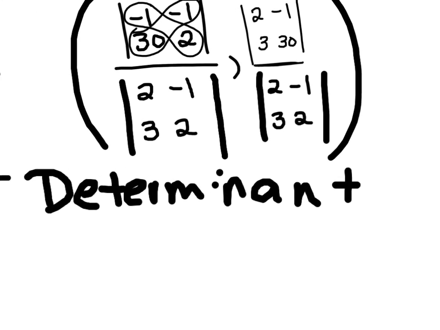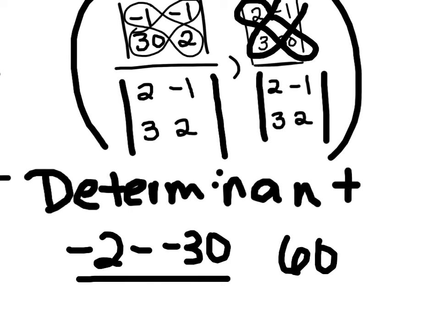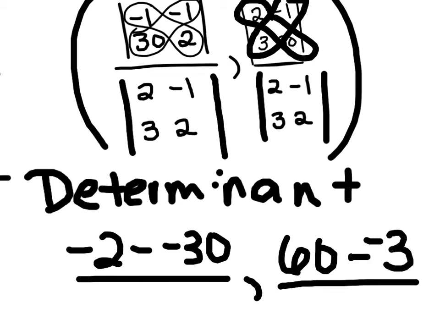So when I go diagonal, I get -2, and then I minus 30. Then on the next one, I've got 2 times 30 is 60. And then going diagonal this way, 3 times -1 is -3. Whoops. I have to minus that. So I minus -3. Put a comma in there.